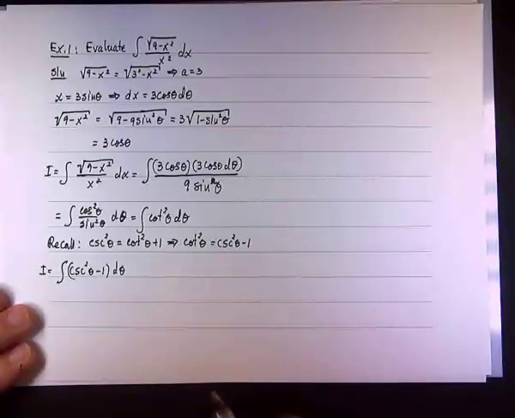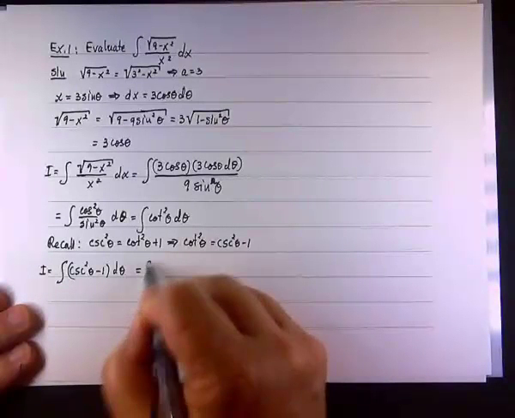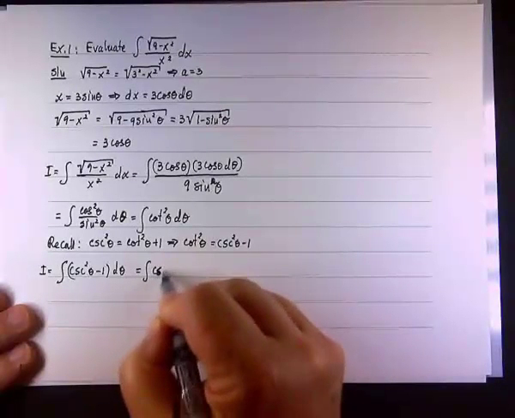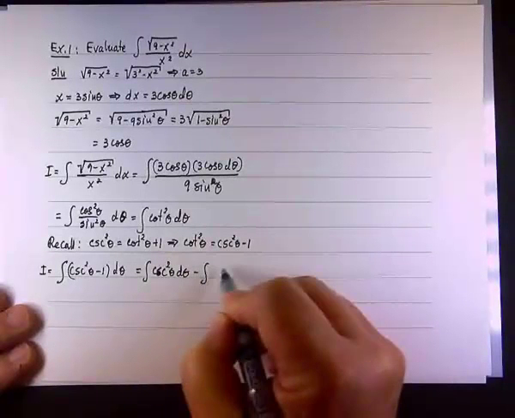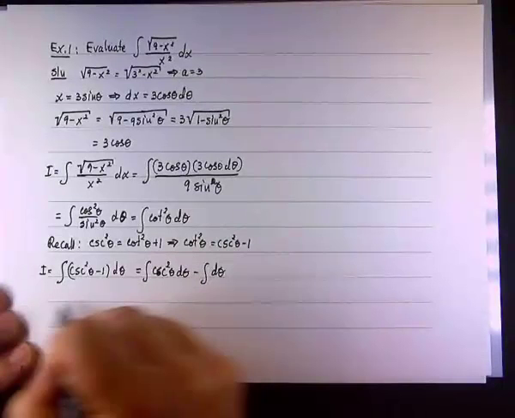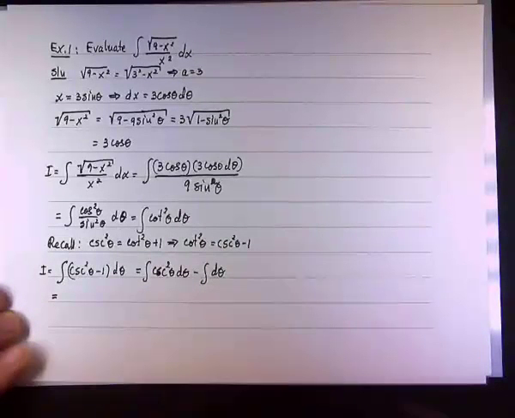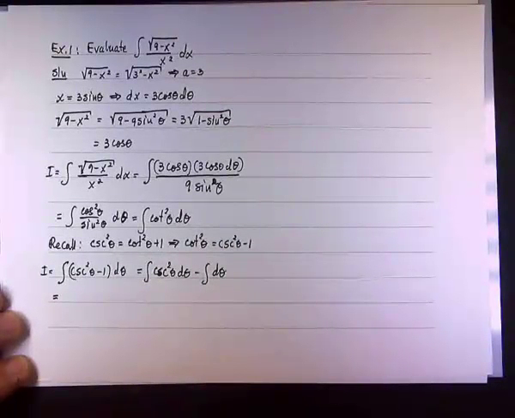Right? The rest is easy, I think. What is the integral of the cosecant squared? What is the antiderivative of the cosecant squared, guys?